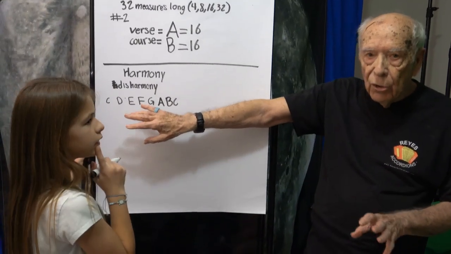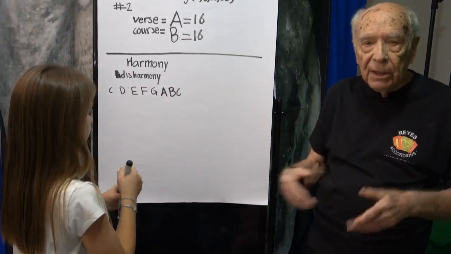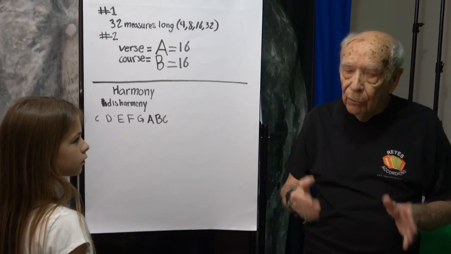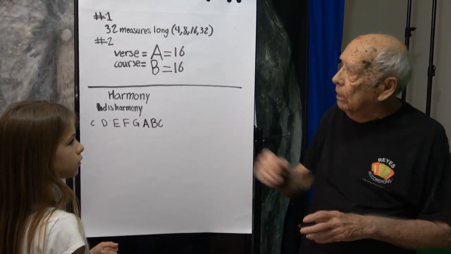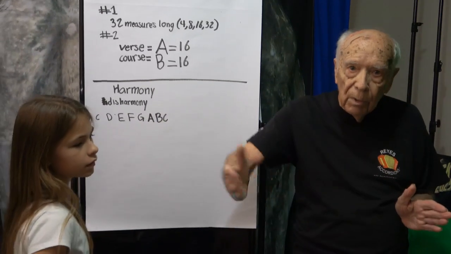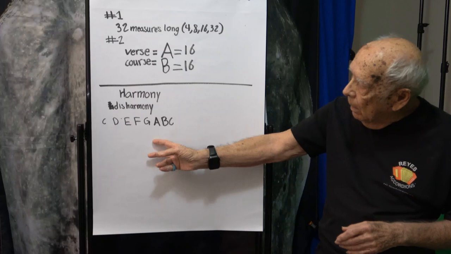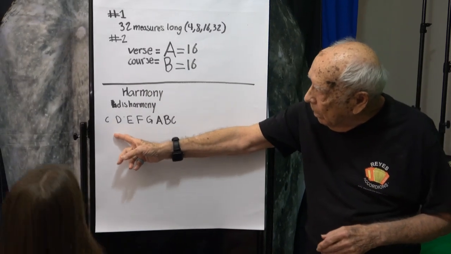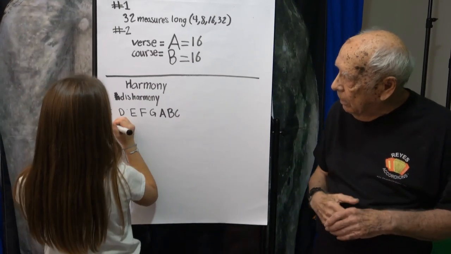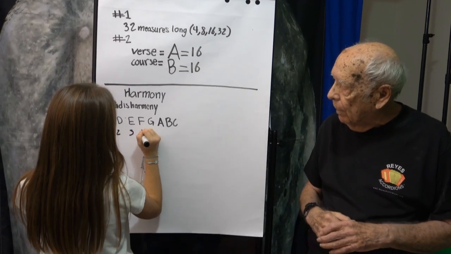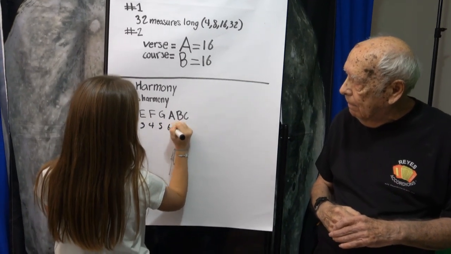Some teaching systems start with ABC because we learn ABC, but that's not the way music goes. So it confuses an awful lot of students. Starting with C, that's the way music goes. Low C, middle C, high C, and so on. So here, put down 1 through 9, just like you did there.